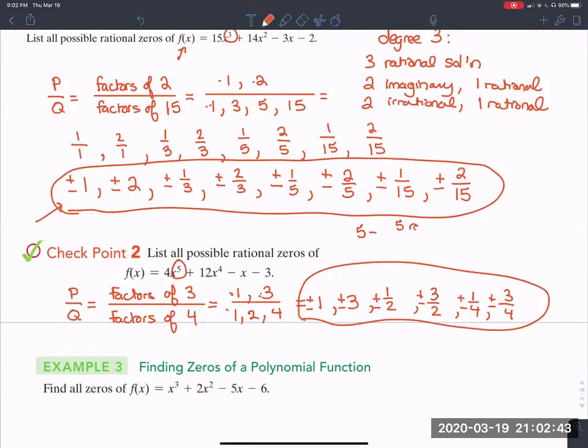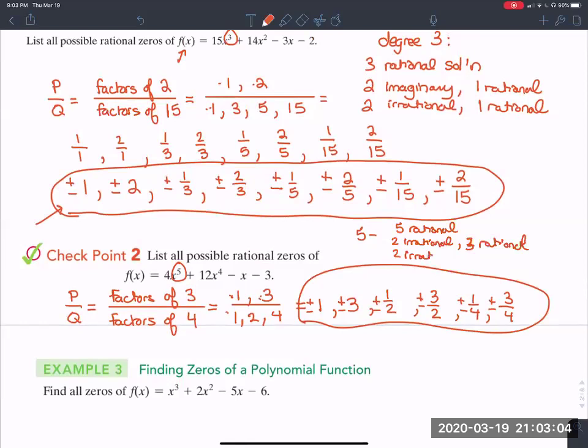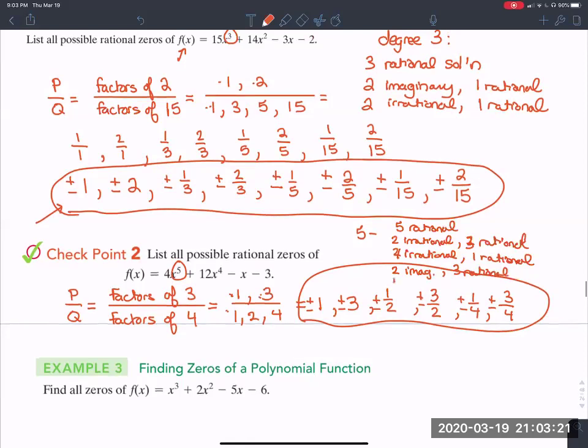So you can have 5 rational, or 2 irrational and 3 rational, or 4 irrational, because remember they come in pairs, and 1 rational, or 2 imaginary and 3 rational, or 4 imaginary and 1 rational, or even 2 imaginary, 2 irrational, because they both come in pairs, and 1 rational. So these are the characteristics of the types of solutions.